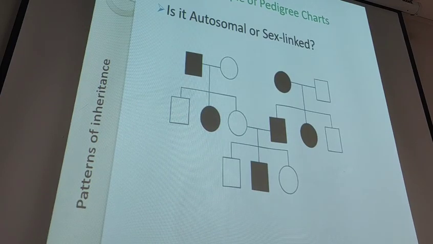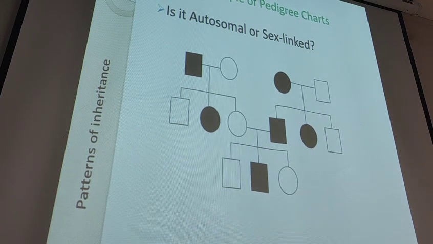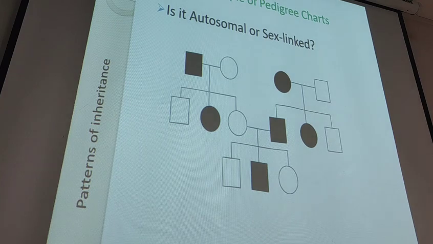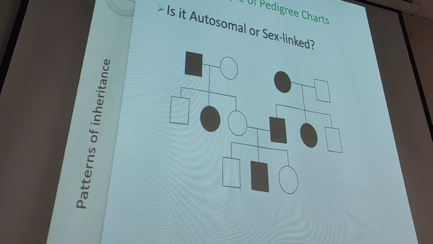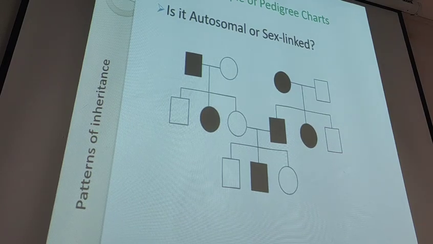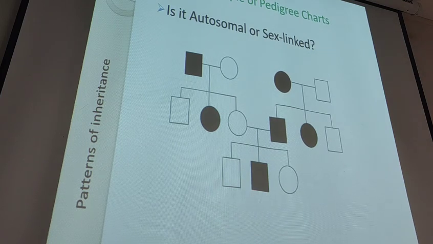And the second step is, about this pedigree, do you think this is autosomal or sex-linked? Both sexes are almost equally affected, right? So this is an autosomal disorder.